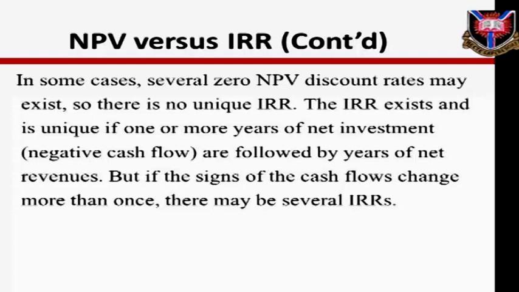The IRR exists and is unique if one or more years of net investment are followed by years of net revenues. But if the signs of the cash flow change more than once, there may be several IRRs.